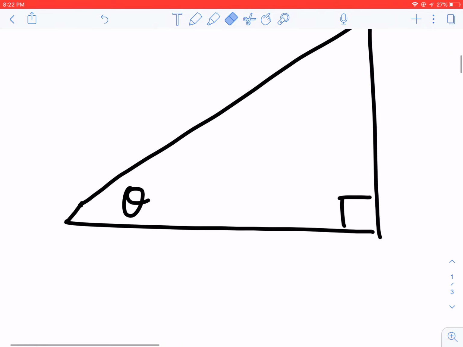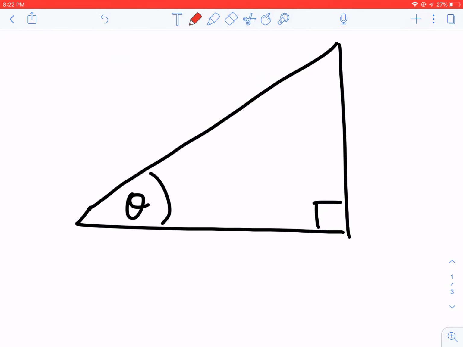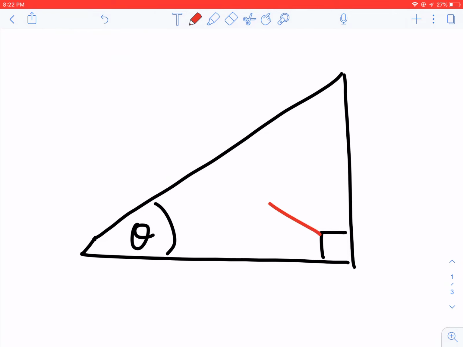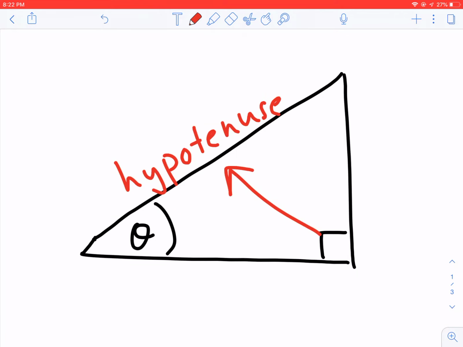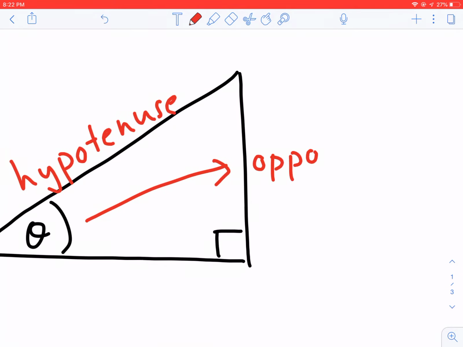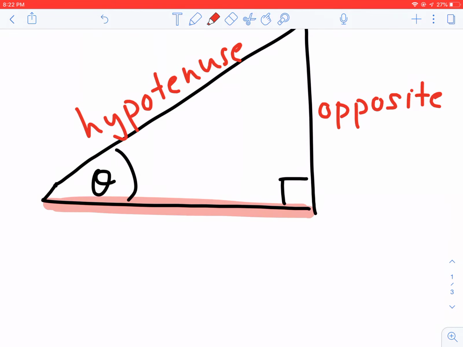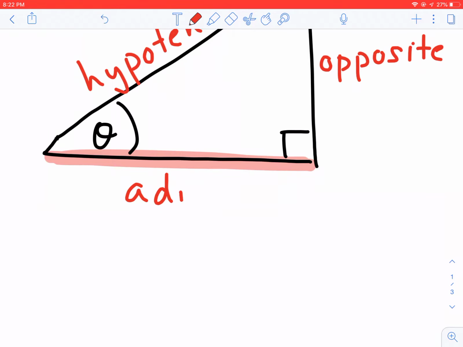If this is our angle theta, we're going to have some names for these side lengths in relation to angle theta. Always across from our right angle in a right triangle, this length we know is called the hypotenuse. What do you think the side opposite this angle is going to be? Well, we're going to call that the opposite side. And then this next side length that is next to theta, in other words, adjacent to it, we're going to call the adjacent side.